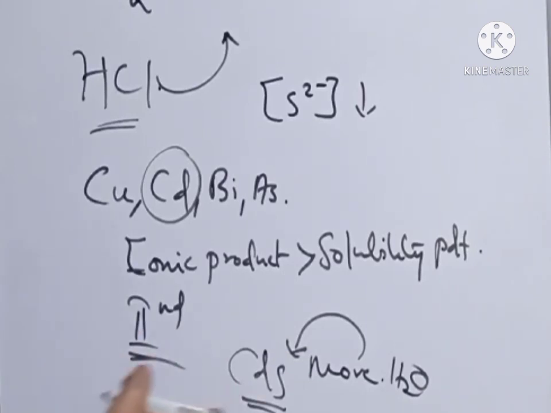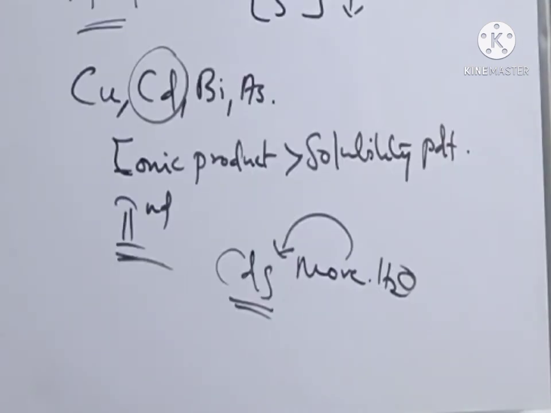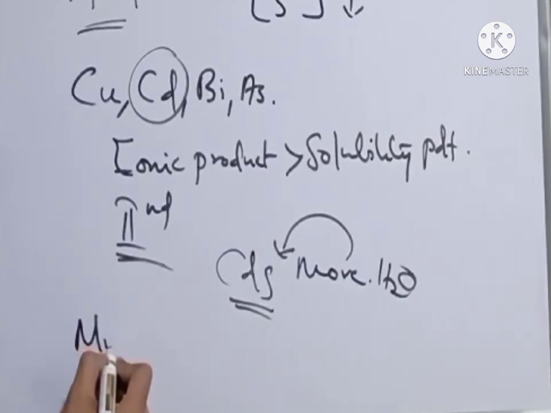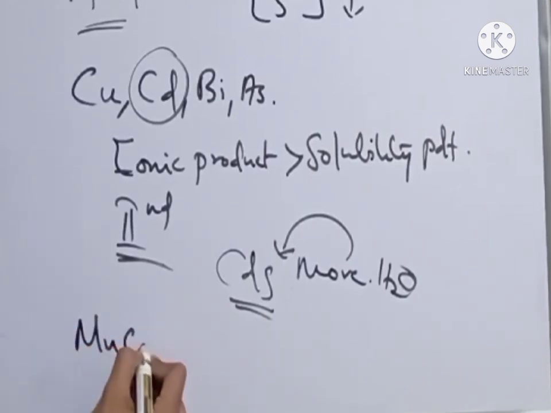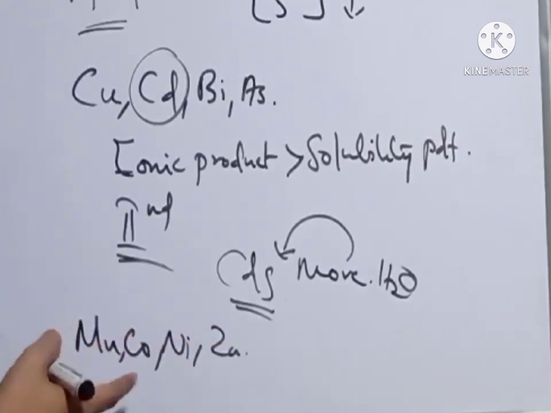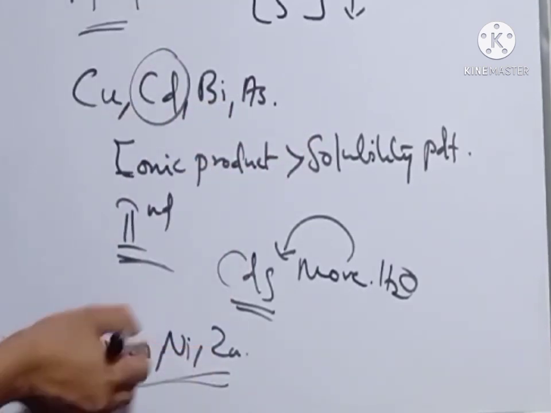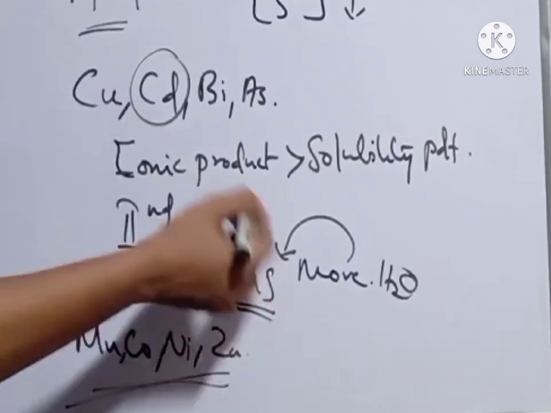Then only will we get the precipitate of cadmium sulfide. Then, if we talk about metals like manganese, cobalt, nickel, and zinc, their ionic product is lesser than the solubility product in this case. So these metals will not precipitate in the second group.